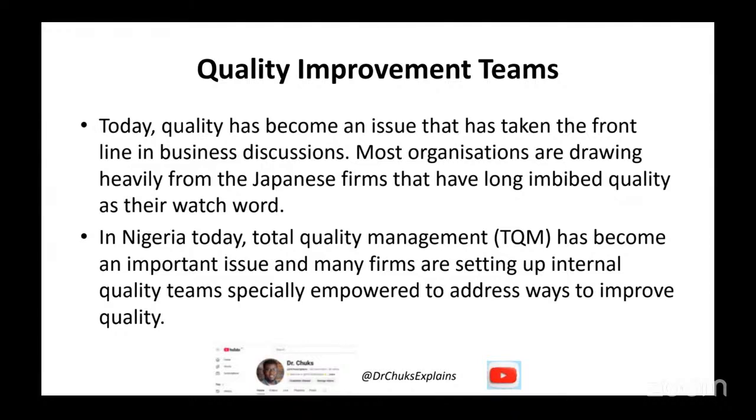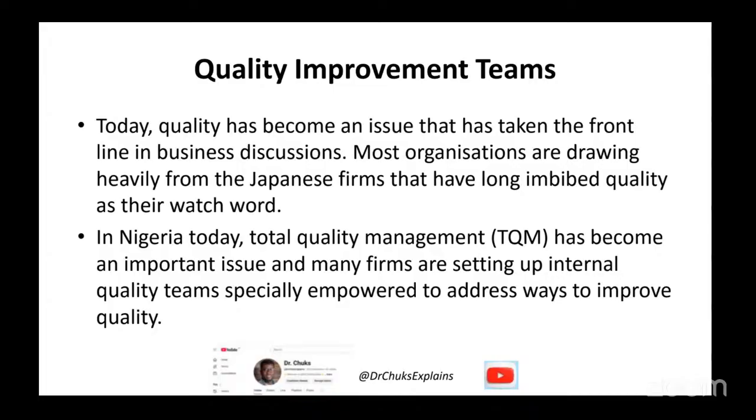Now, in Nigeria today, total quality management has become an important issue, and many firms are setting up internal quality teams, specially empowered to address the ways to improve quality within the organization. Quality targeting organizational product, quality targeting organizational service. So the quality improvement team has a function to improve quality.